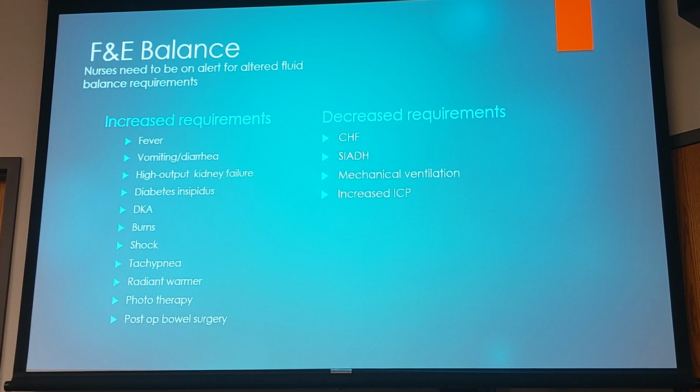So what are some things that would cause an increase in fluid requirements? What things are going to cause dehydration? Fever, vomiting, diarrhea, high output kidney failure, diabetes insipidus, which comes up a little bit later, and diabetic ketoacidosis, which comes up in MP4, but that's very dehydrating.